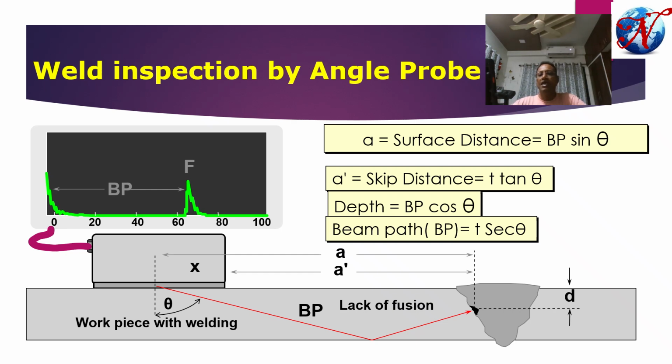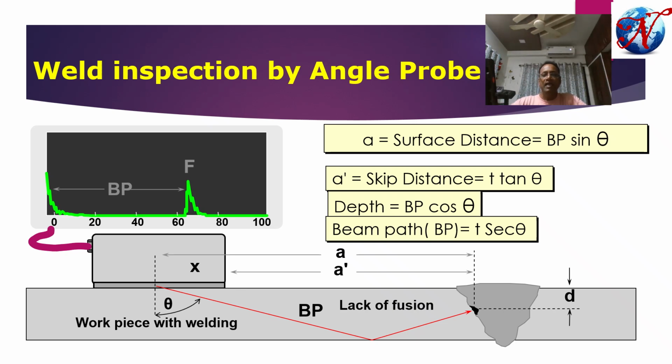So when we are using angle beam scanning for weld inspection, all the distances need to be much more accurate. That's why during the interpretation of ultrasonic scanning of weld inspection by angle beam probe, surface distance, beam path, and depth, these three values play a very important role.